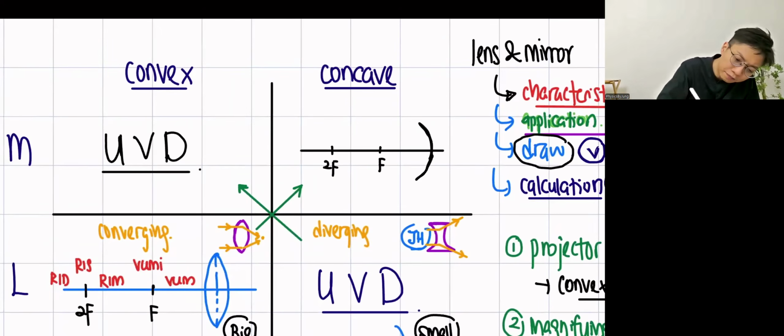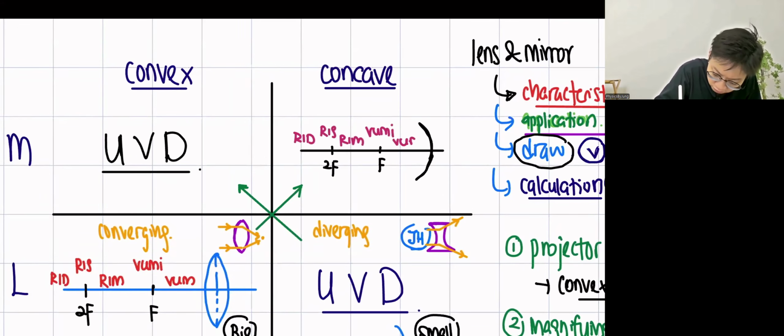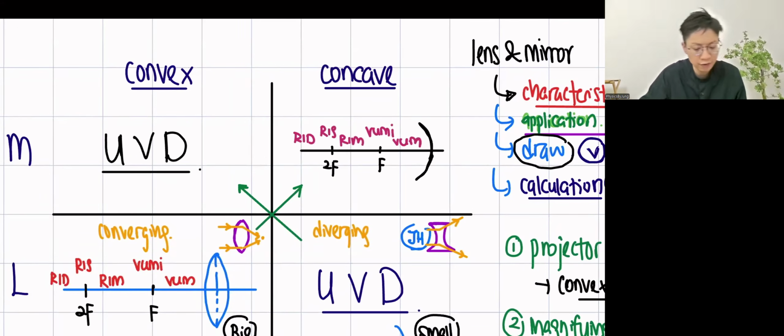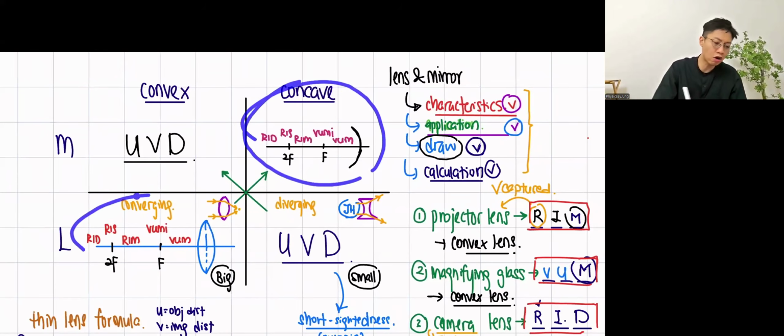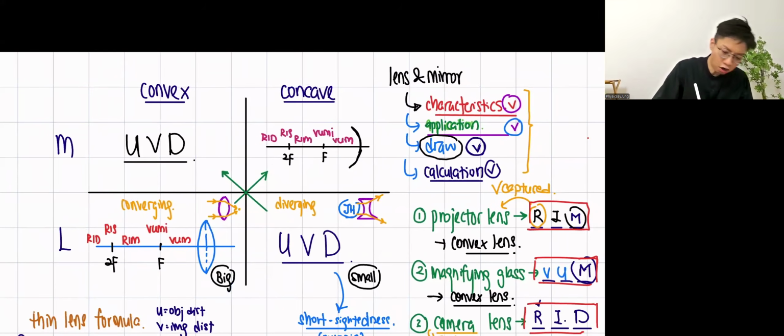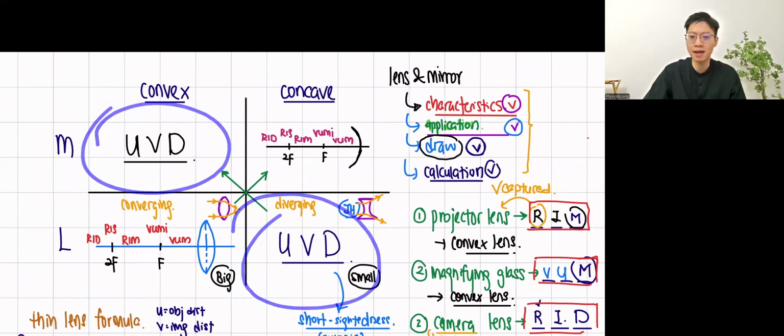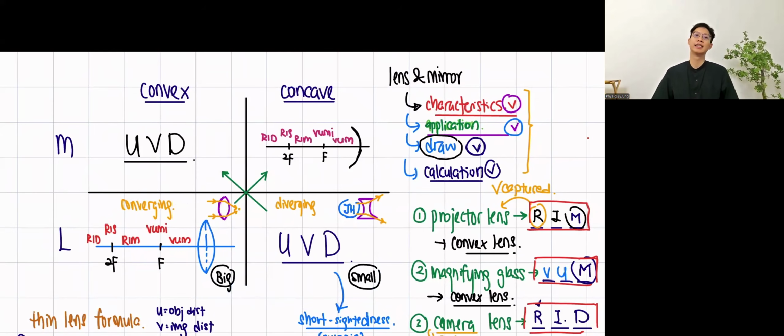Now we use something also called wrist, rim, boomy, boom. A concave mirror is the same as a convex lens. A convex mirror is the same as a concave lens.